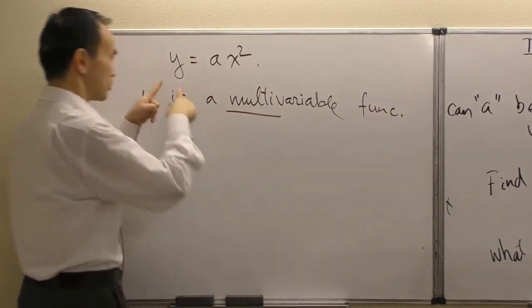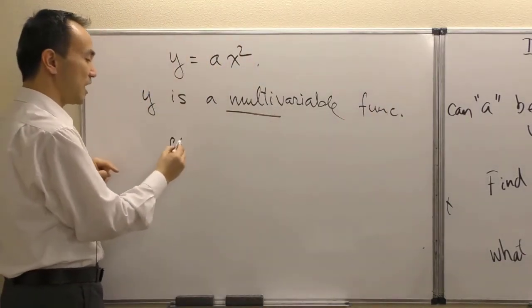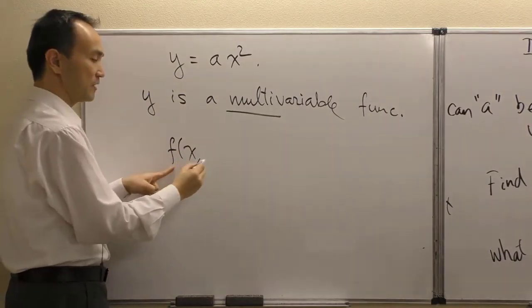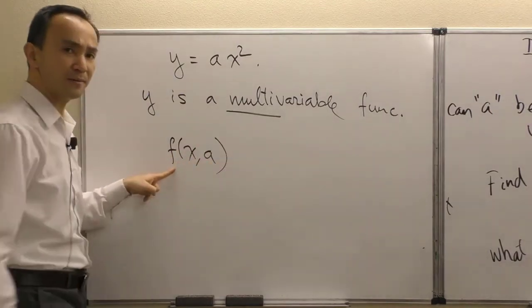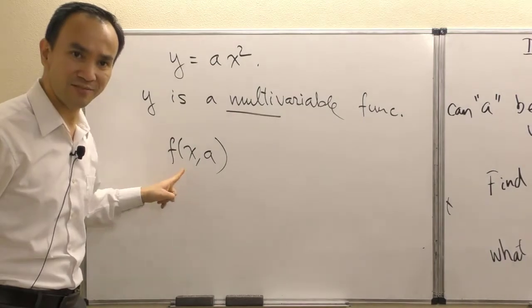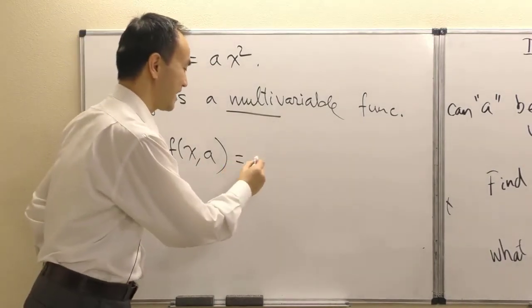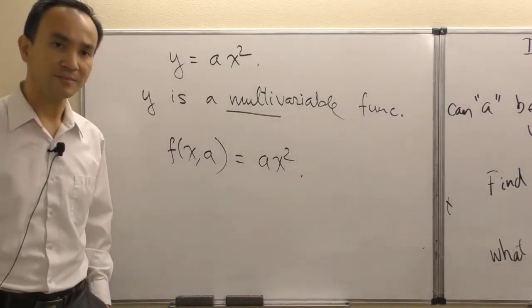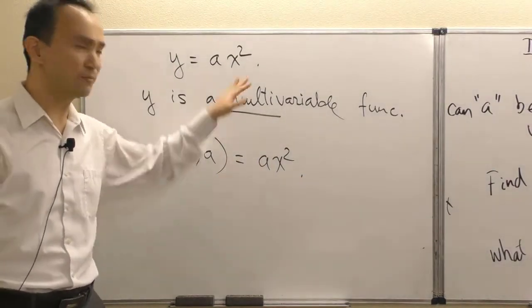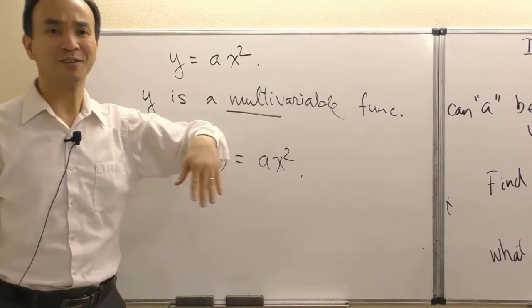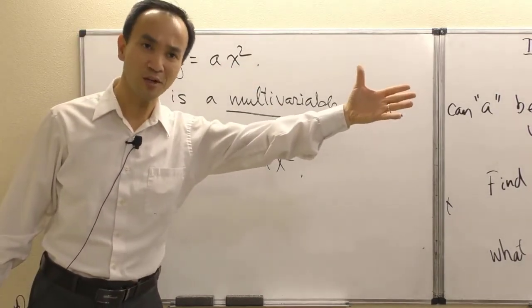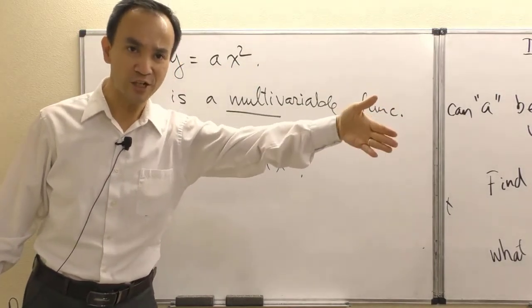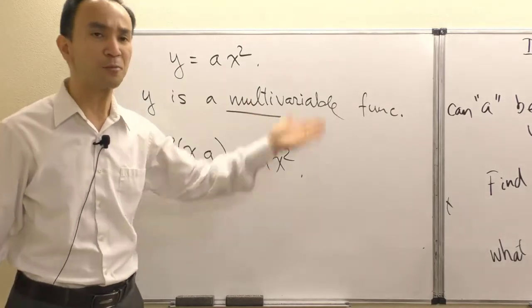So y equals ax squared, we can define a function f of x comma a, for example. F of x comma a equals a times x squared. Yes? Something that we worked so fluently in any math courses up to differential calculus and some integral calculus prior to this point.